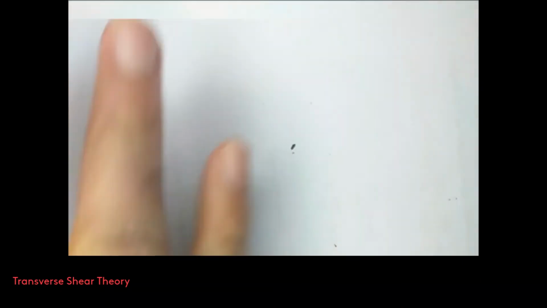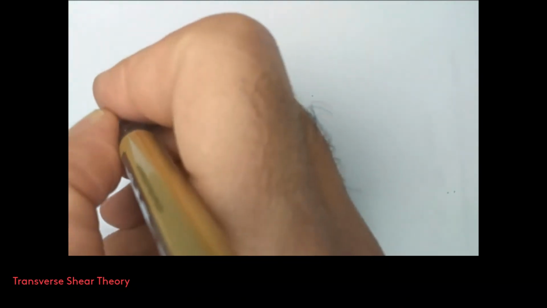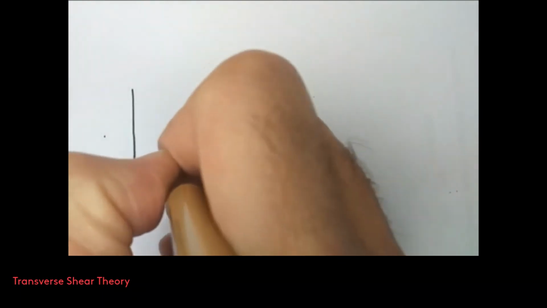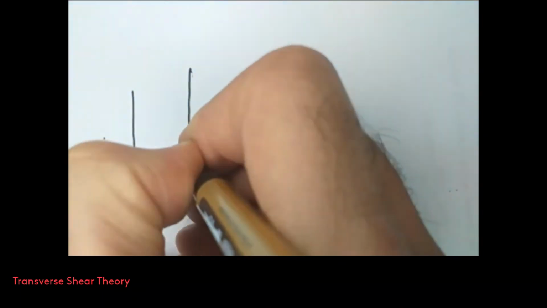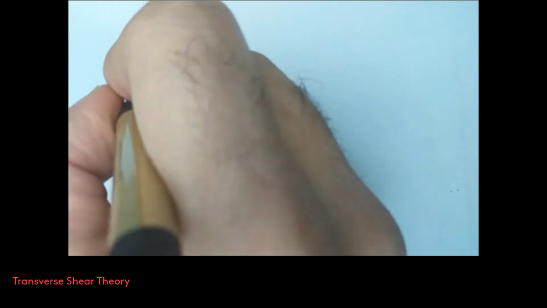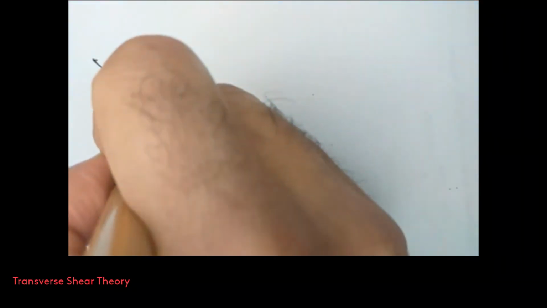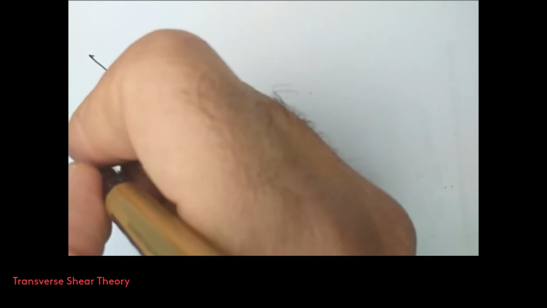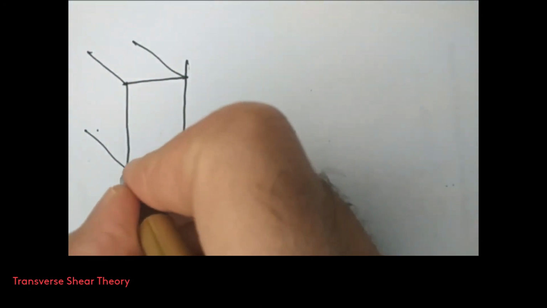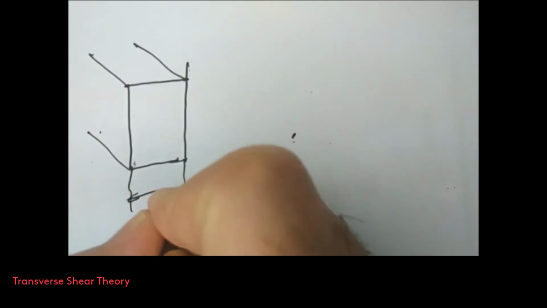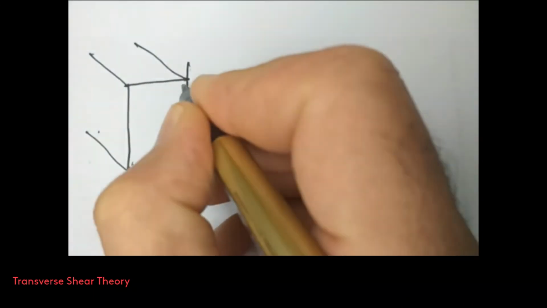Now let's begin analyzing a simple cross-section for the shear problems, transverse shear problems. Assume that we have a very simple rectangular cross-section, a beam with a rectangular cross-section. The width of the rectangle is b and height is given as h.